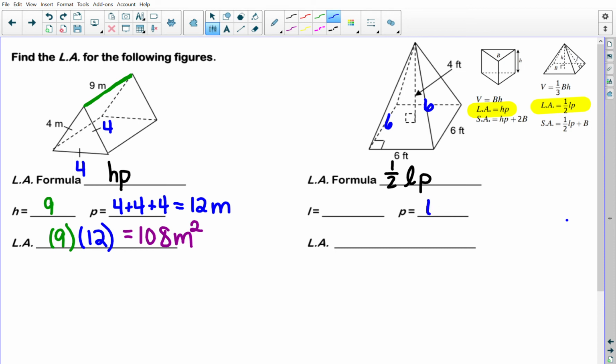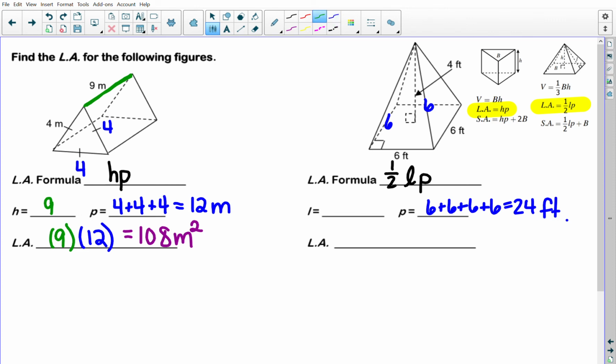So I'm going to add up all my sides, which is 6 plus 6 plus 6 plus 6, and that gets me 24. I can also be a little bit cognizant of my perimeter formula for a square and multiply 6 times 4. And then I need slant height.